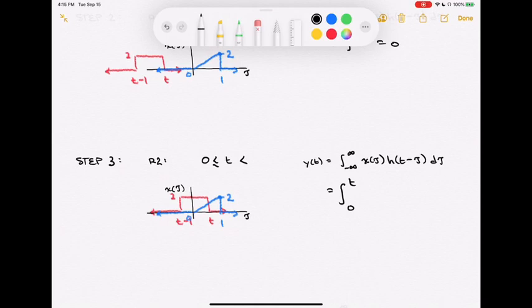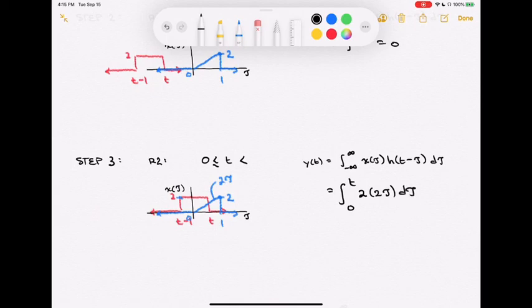One of the functions is 2, that was my h of t minus tau. The other function, if you remember, we had done the parameterization there, and that parameterization was 2 tau. We knew that the height of our sliding function was 2, so we already put in the 2 there. Now I need to put in what the other function was, and it was 2 times tau, something along those lines. And then we'd be doing a d tau.